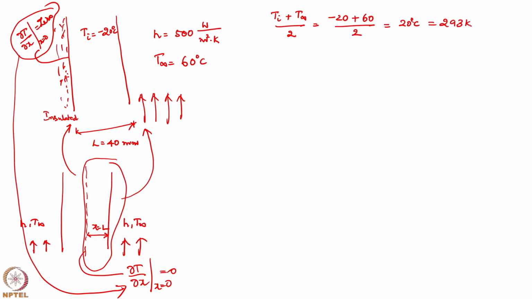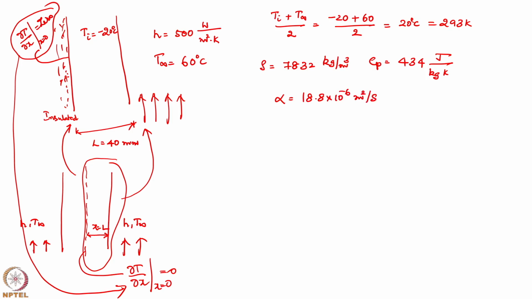At this temperature, you get rho equal to 7832 kg per meter cube, Cp is 434 joule per kg Kelvin, and alpha, that is k by rho Cp, is 18.8 into 10 to the power of minus 6 meter squared per second.